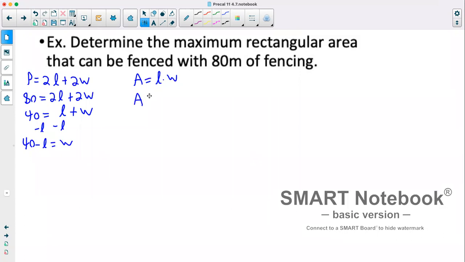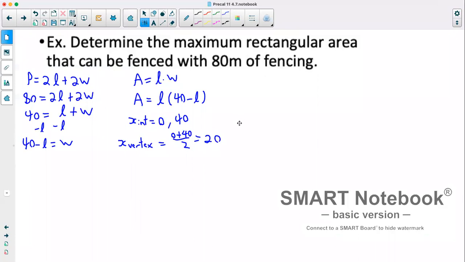Now, area is length times width. So we'd have length times our width, which we found was 40 minus our length. We want to find our vertex, so I'll do this one just like the first one, get my vertex from my x-intercepts. So my x-intercepts would be 0 and 40. The vertex would be 0 plus 40 divided by 2, so it would be 20.